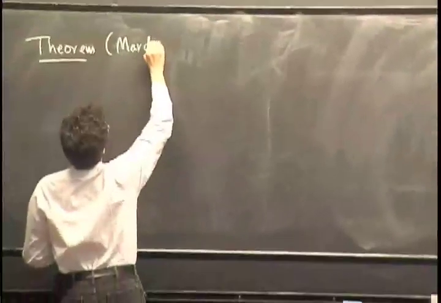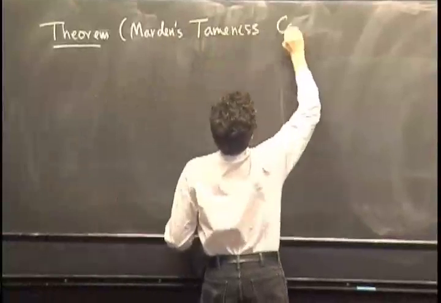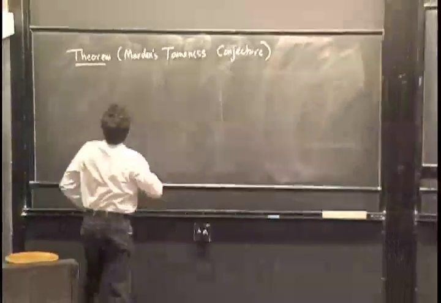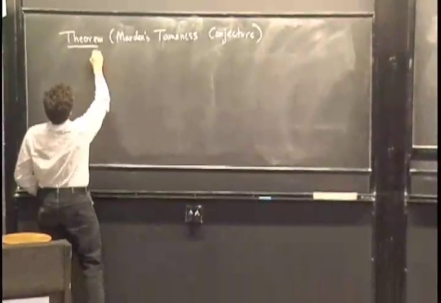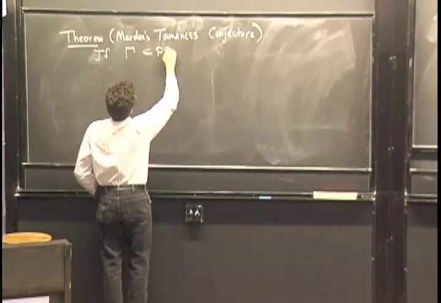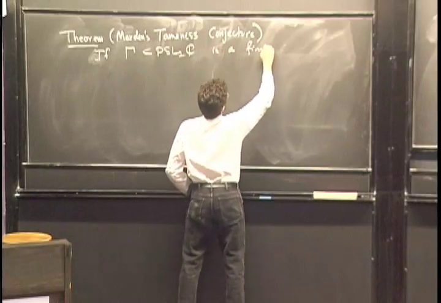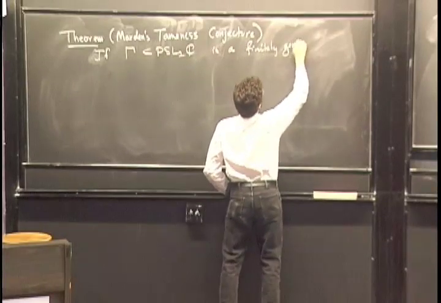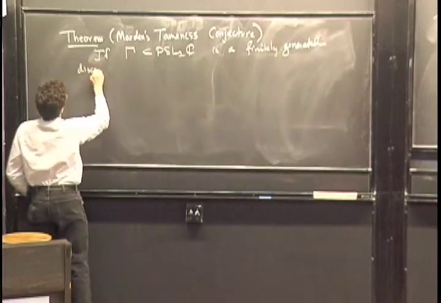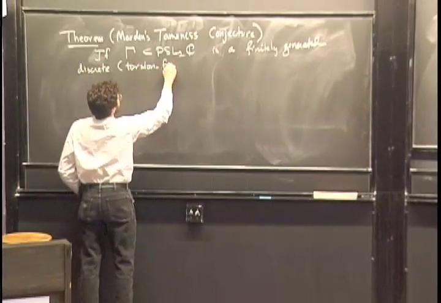Conjecture, Marden's tameness conjecture. And it says that, I'll just say it, so it says if gamma in PSL2C is a finitely generated discrete group, actually I guess I should say for the experts torsion free, otherwise we don't get a manifold.